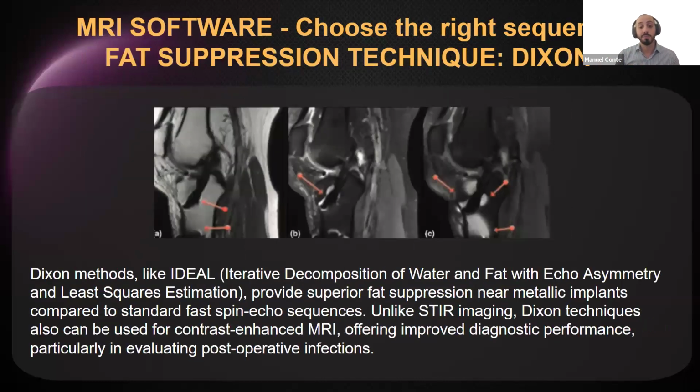A good alternative can be Dixon. Dixon uses a technique where we use the different frequencies of fat and water, and in the same sequence we can produce two types of images.